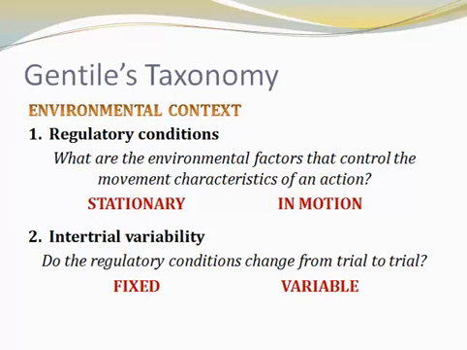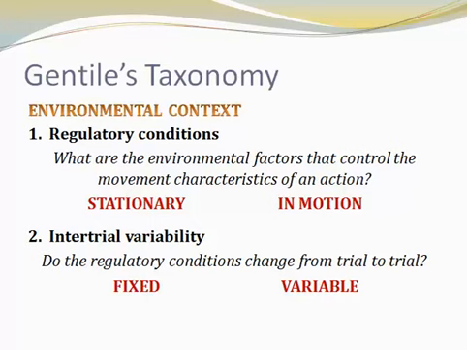So our basic question is, what are the environmental factors that control the movement characteristics of an action? We can have two outcomes in this case. The regulatory conditions can be stationary, in other words, the environmental factors that are controlling the characteristics of an action are stationary, or those environmental factors can be moving or in motion.